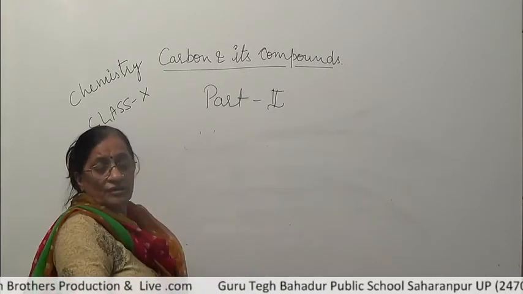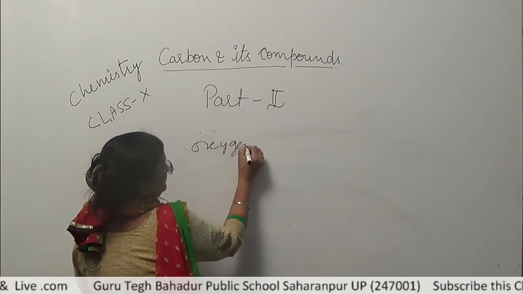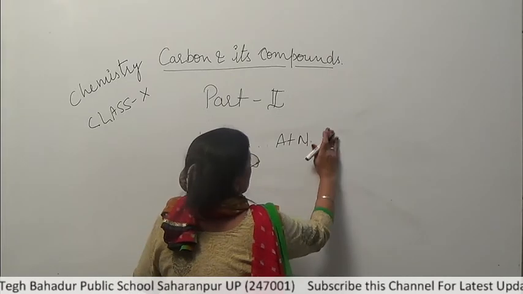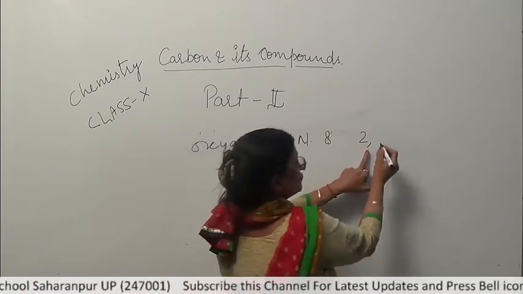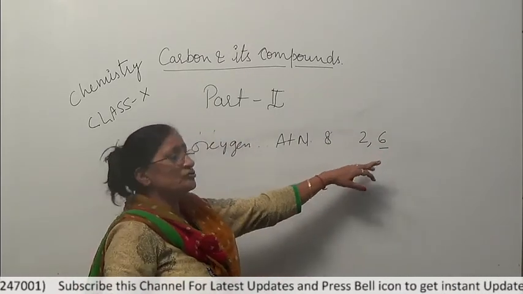Now if we take the example of oxygen, as we know, its atomic number is 8, and its electronic configuration is 2 and 6. I mean, it has 6 electrons in the outermost shell.